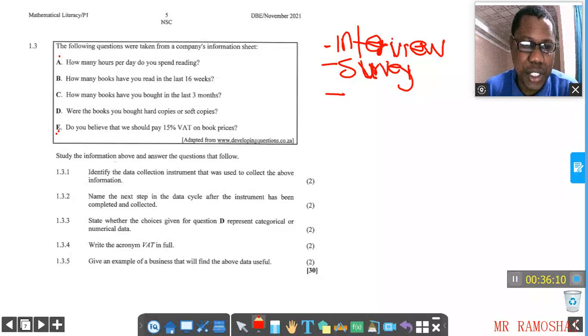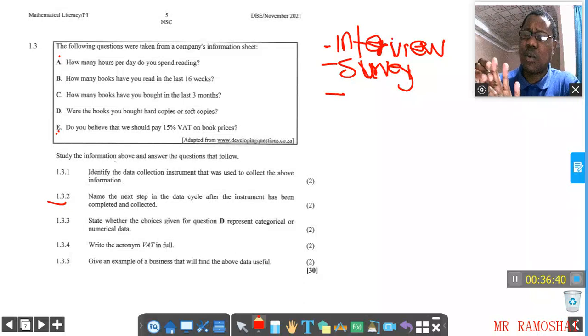Now the next question: name the next step in the data cycle after the instrument has been completed and collected. Now I'm going to name those steps in data handling, right? The first step is to design or develop questions. After designing and developing the questions, you collect the data.